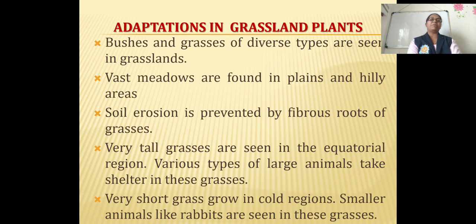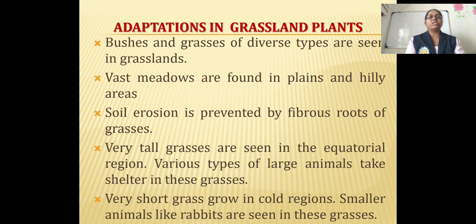Next one is adaptation in grassland plants. Bushes and grasses of diverse types are seen in grasslands. Vast meadows are found in plain and hilly areas. Soil erosion is prevented by the fibrous roots of grasses. What is the meaning of soil erosion? Soil erosion means wearing away of topsoil.